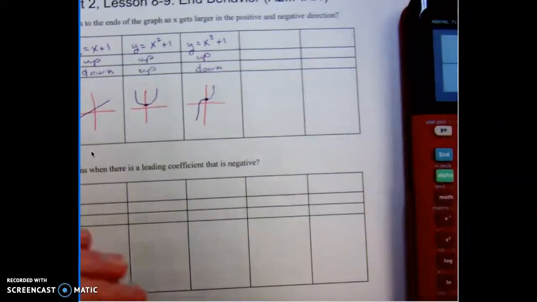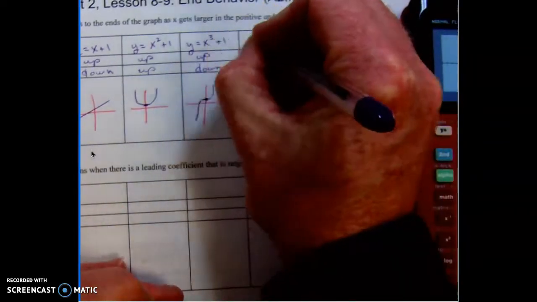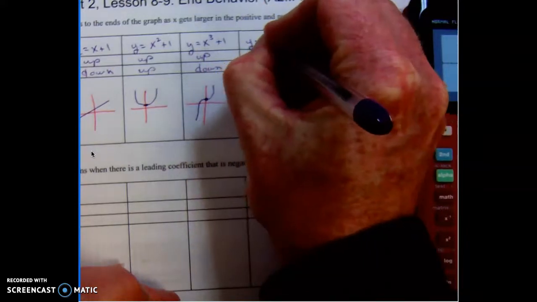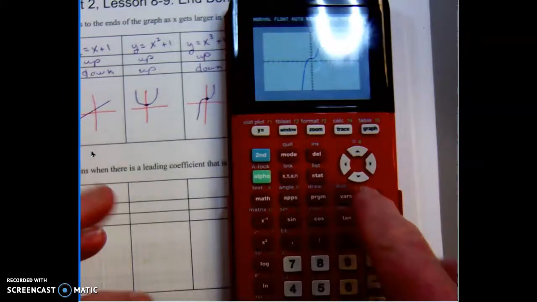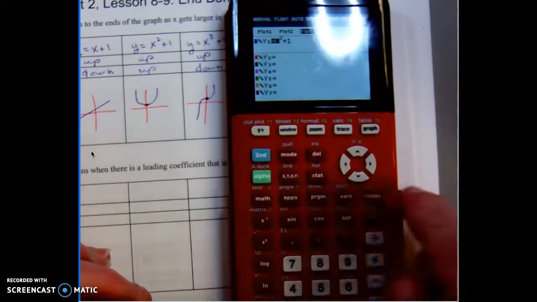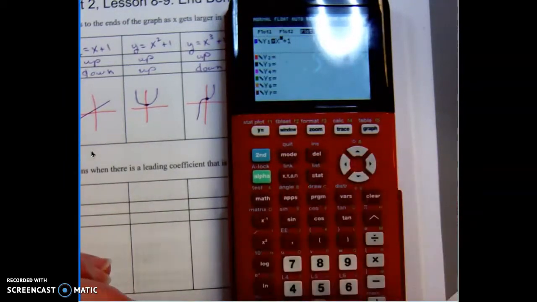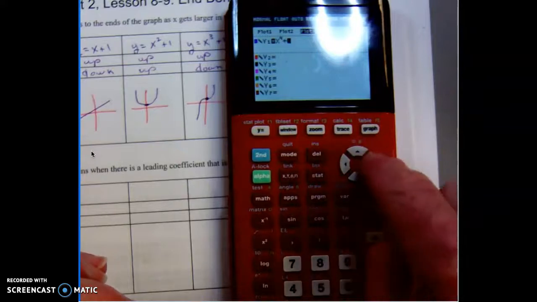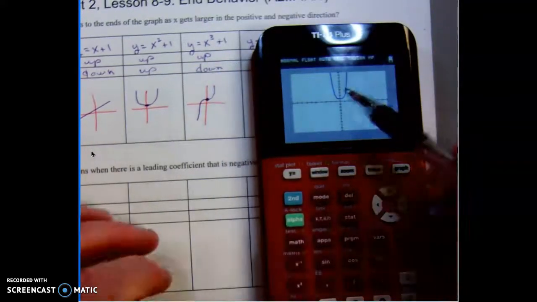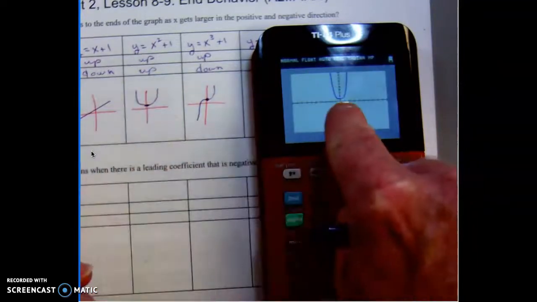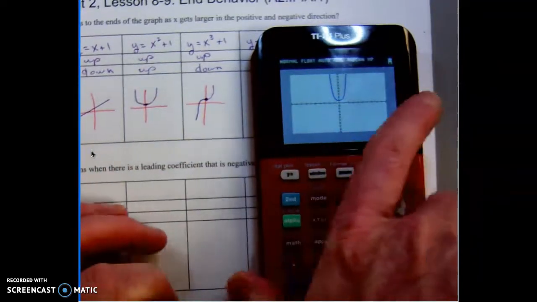So it looks something like, just do your best here, something like that. Okay, so again, the next question then is, what if that exponent gets bigger? So we got x to the fourth plus 1. So let's graph it and see. Y equals x to the fourth plus 1. Okay, so it looks very much like x squared. It's just got this big flat spot in the bottom of it.